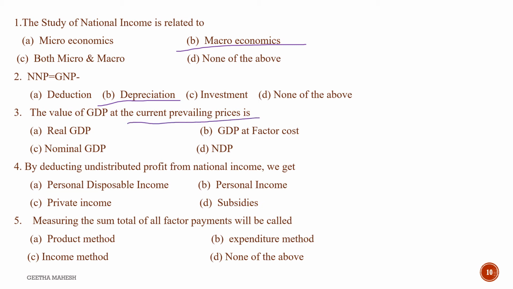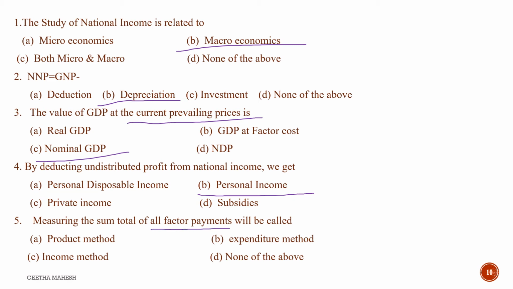Current year prices means it is nominal GDP. By deducting undistributed profit from national income, we get personal disposable income, personal income, private income, subsidies. We get personal income. Measuring the sum total of all the factors of production will be called product method, expenditure method, income method, none of the above.